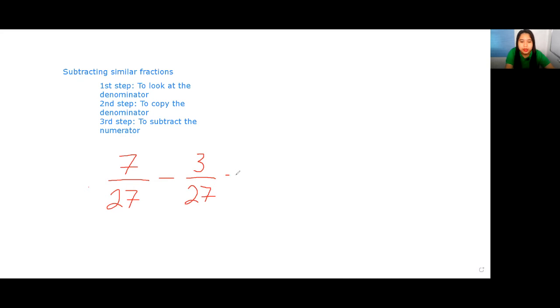Again, the first step is to look at the denominator. So what is our denominator? Okay, very good. Our denominator is 27. So you need to copy the denominator, which is 27.